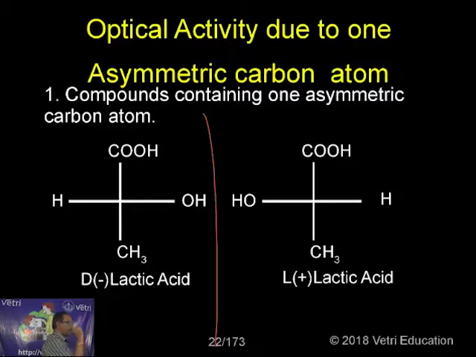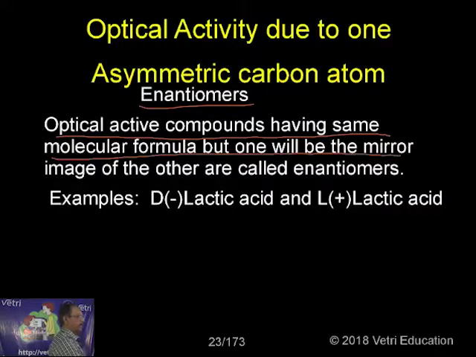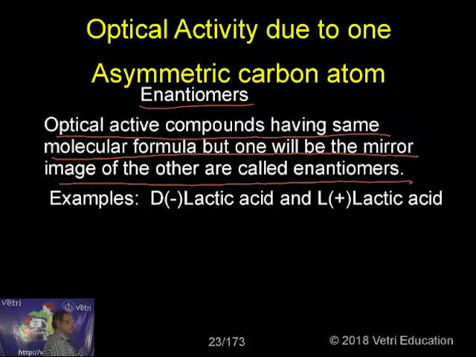So if there is only one asymmetric carbon atom, there are two forms, and these two forms are called enantiomers. Kindly follow. Plus and minus forms are called enantiomers. Optically active compounds having the same molecular formula, where one is the mirror image of the other, are called enantiomers. Example, D-lactic acid and L-lactic acid.